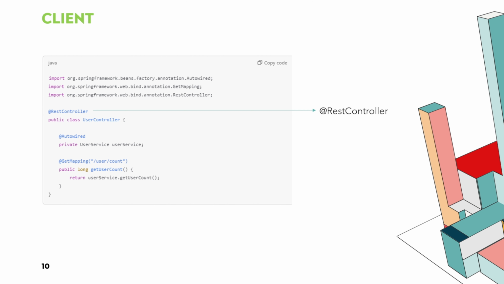In the client, I'm not going with the main method. I'm just using a REST controller. In the REST controller class, I'm annotating the service class with Autowired, which means I'm getting the user service object. On top of that, I'm getting the user count.